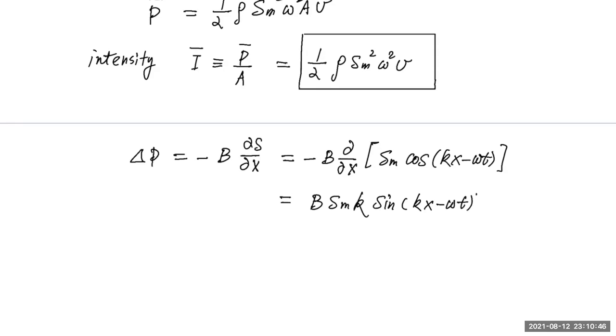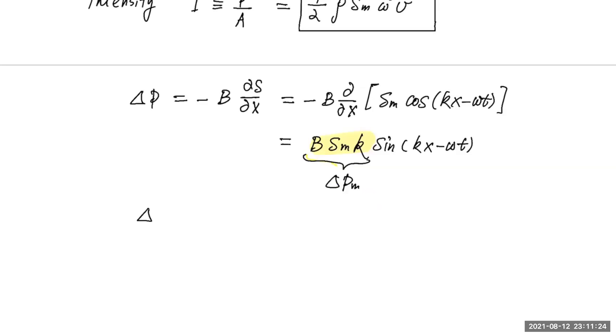The part in front of the sine function is the amplitude of delta P, which is delta P maximum. So I'm going to highlight that part as delta P maximum, the amplitude of the pressure wave.